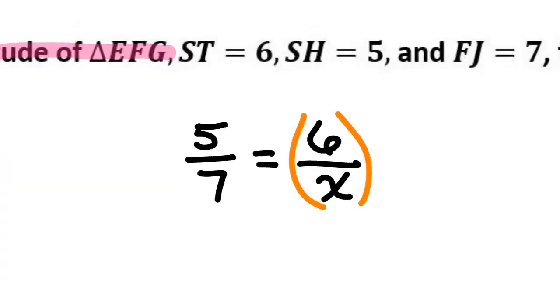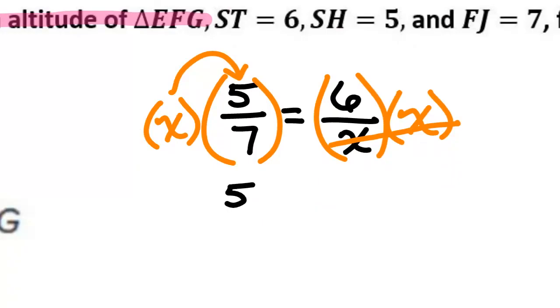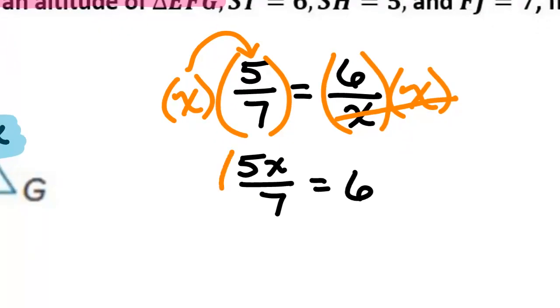So now I'm going to multiply both sides by my denominator of X. Cancels with the X on the right, multiplies only to the numerator on the left. So I have 5x over 7 equals 6. Then we get rid of our second denominator. We're going to multiply both sides by 7.